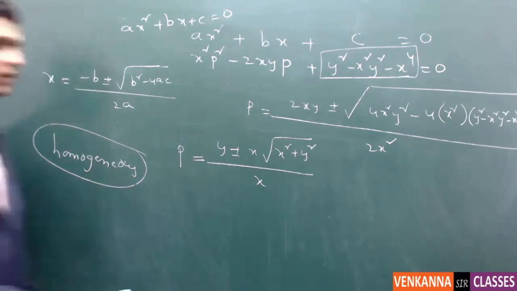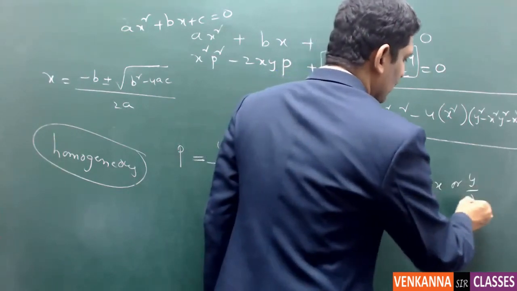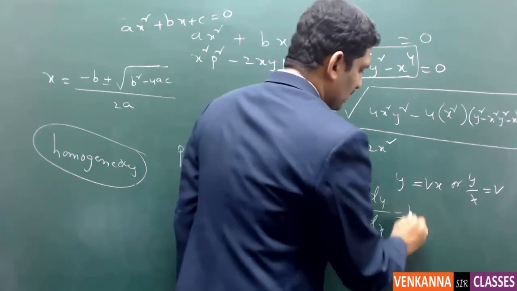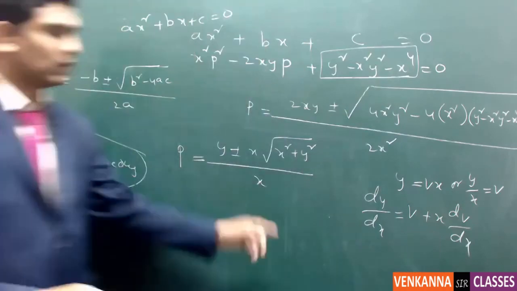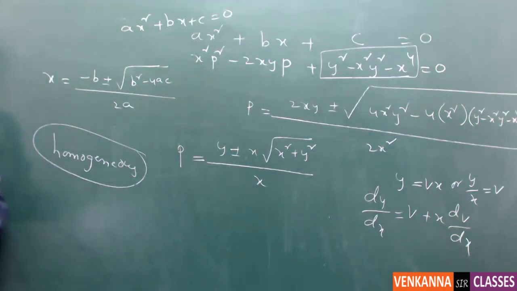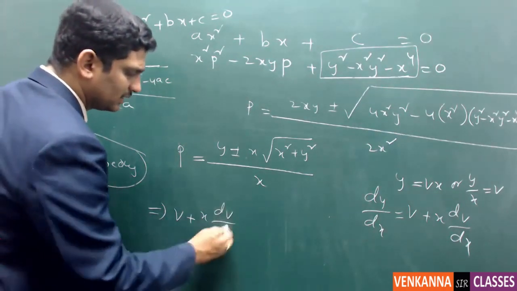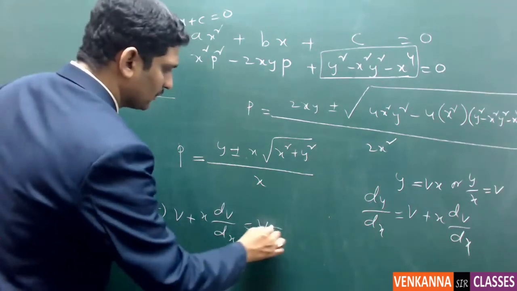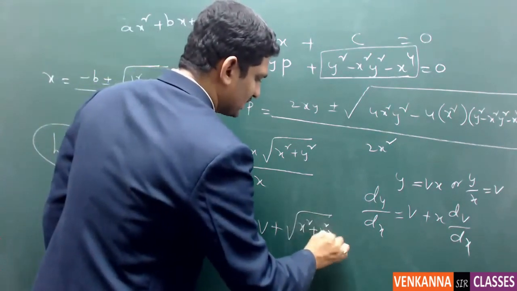Here you are going to write y is equal to vx, or y by x equal to v, and dy by dx is equal to v plus x into dv by dx. Dy by dx is nothing but p, so that will be written like this: v plus x into dv by dx is equal to v plus or minus square root of x square plus v square x square.